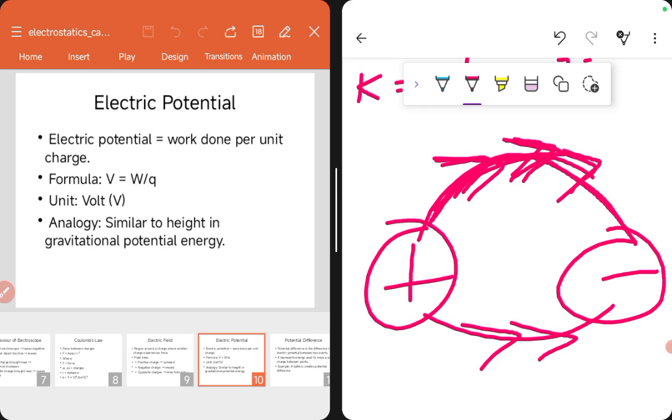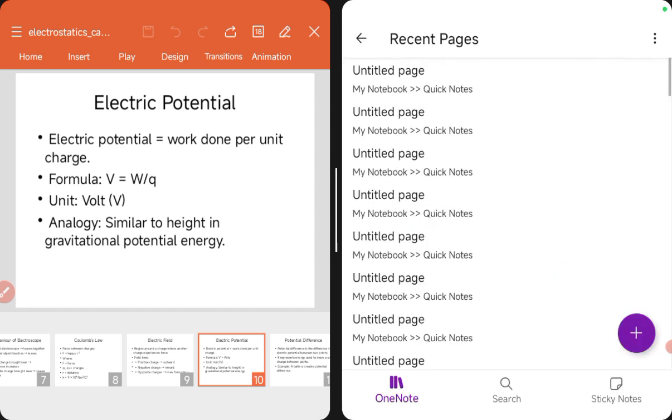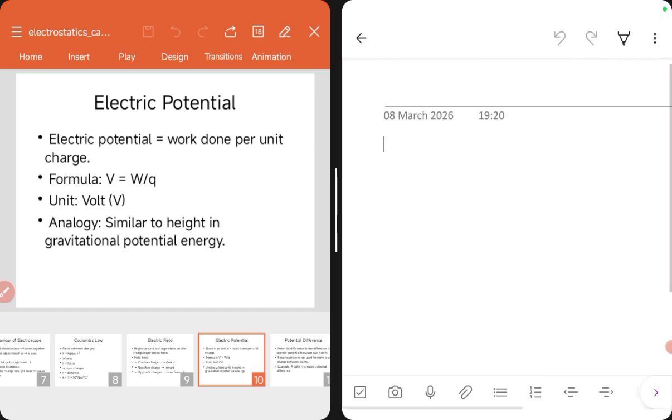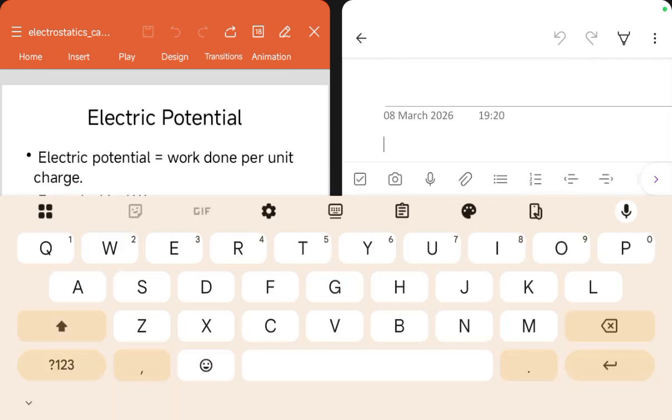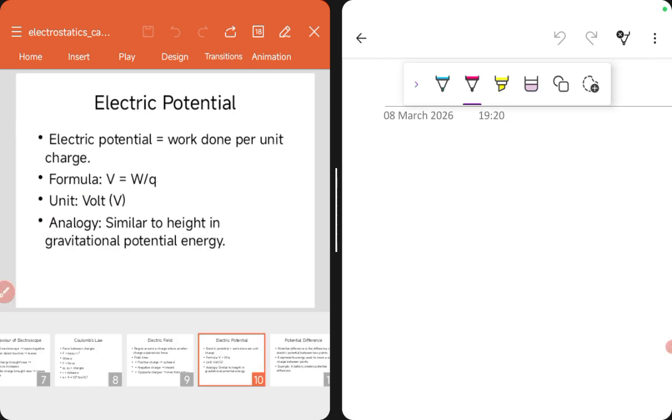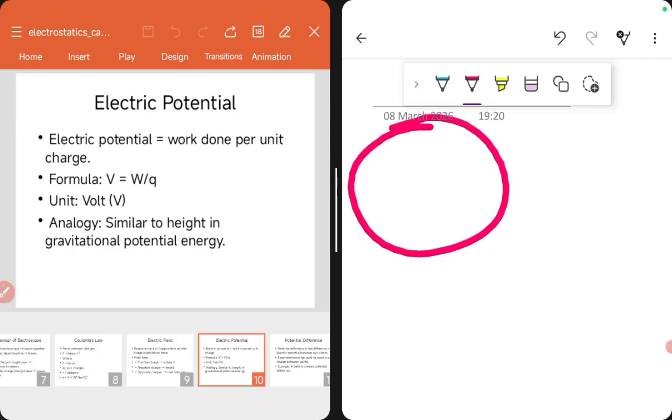Now, the next thing is electric potential. What is electric potential? The electric potential is the work done in bringing a unit positive charge from infinity to a point in an electric field. When you bring a charge to a point in an electric field, you are bringing it from an infinite number of charges.